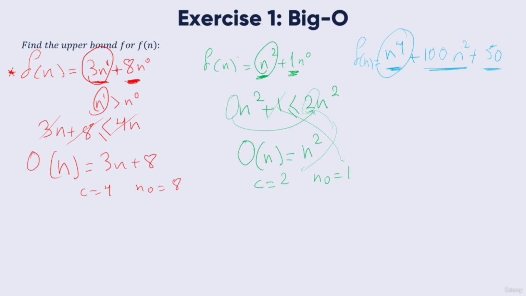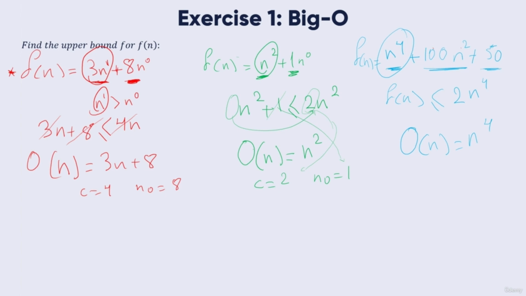We have n to the power 4. Okay? So what is multiplied by n to the power 4? It is 1. So this function f of n is less than or equal to, we increase the one that is multiplied by n to the power 4 by 1. 1 plus 1 is equal to 2. And the highest degree is n to the power 4. Okay? So this function is less than or equal to 2n to the power 4. So O of n of this function is n to the power 4.